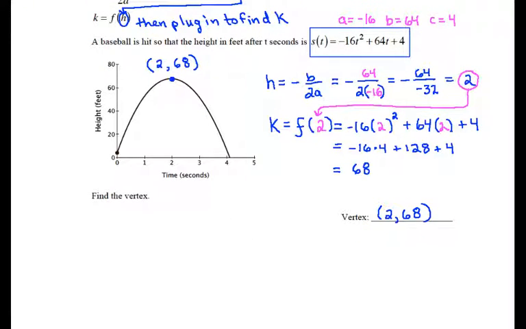Now we can see from this picture that 2 is a value of time in seconds, and that 68 over here is a value of height in feet. But if we didn't have this picture drawn for us, we would still want to be able to figure out how to interpret these two values.